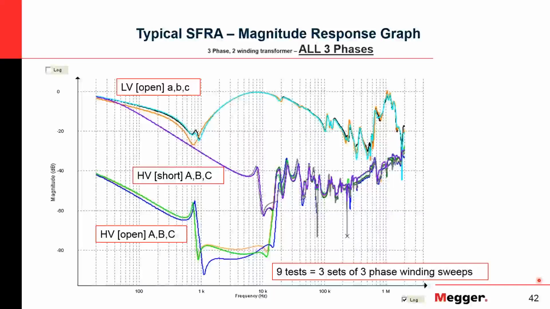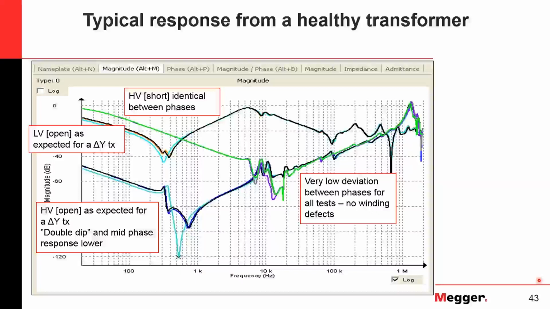Things to look for on the high voltage open: you're going to have basically that double dip response on two of the phases, and then that single dip on the center leg at the low frequencies. And then as you get to the higher frequencies, the three windings are going to start to overlap each other.